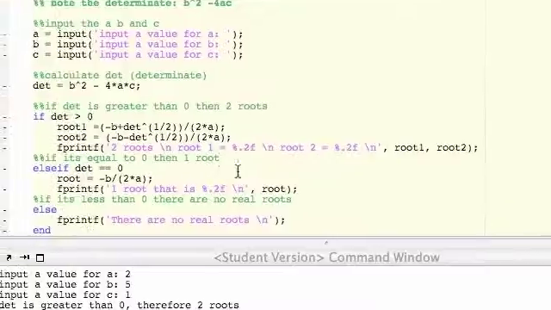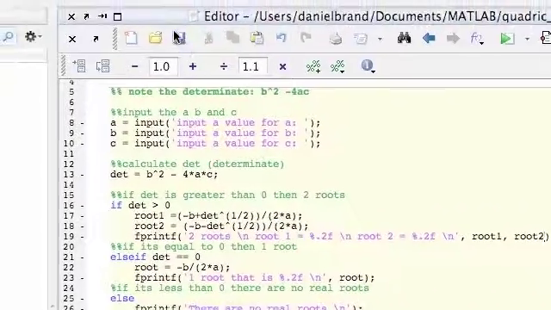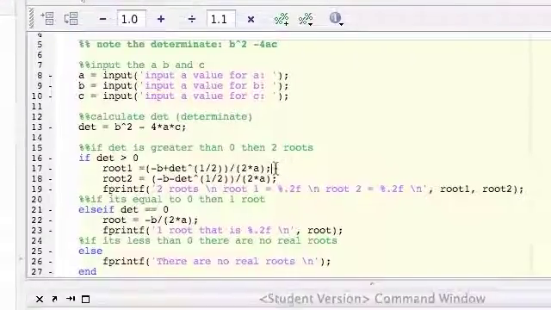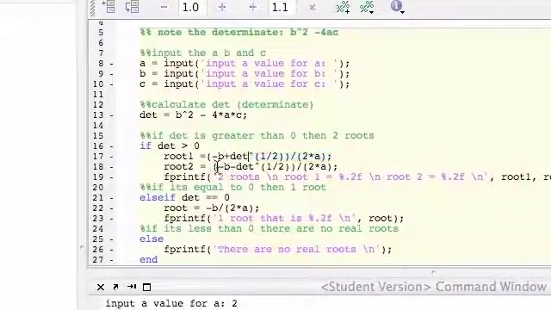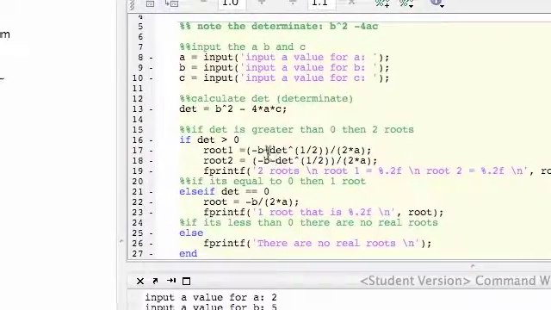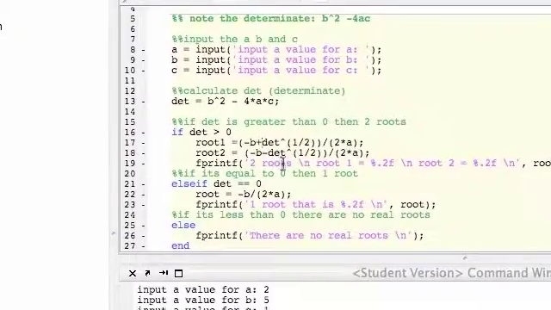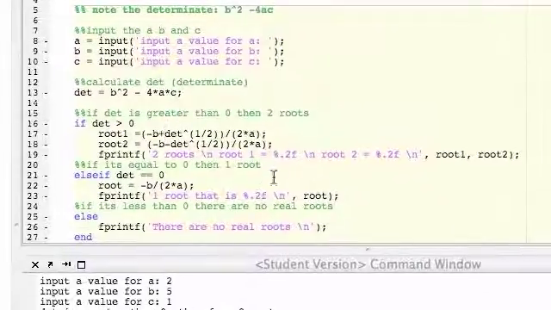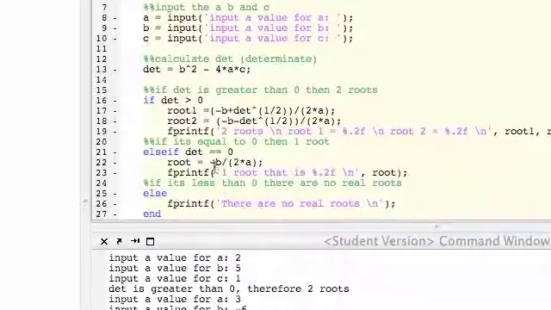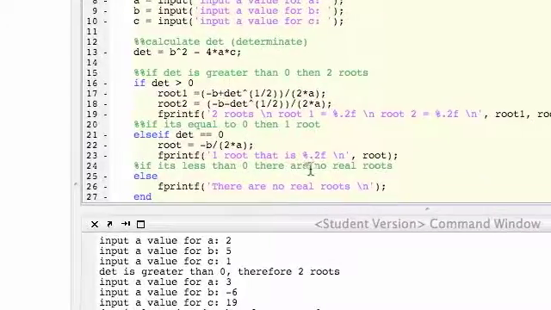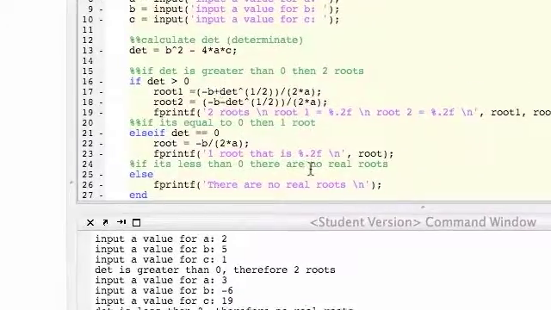So that's really all we have to do to modify it, to get it displaying the roots. This here is just the algebra behind it. These two are just getting the actual roots from entering it into the formula and then printing it out. We've seen this in the first part of this course. So again, same logic that we had before, just now we actually calculate the roots.